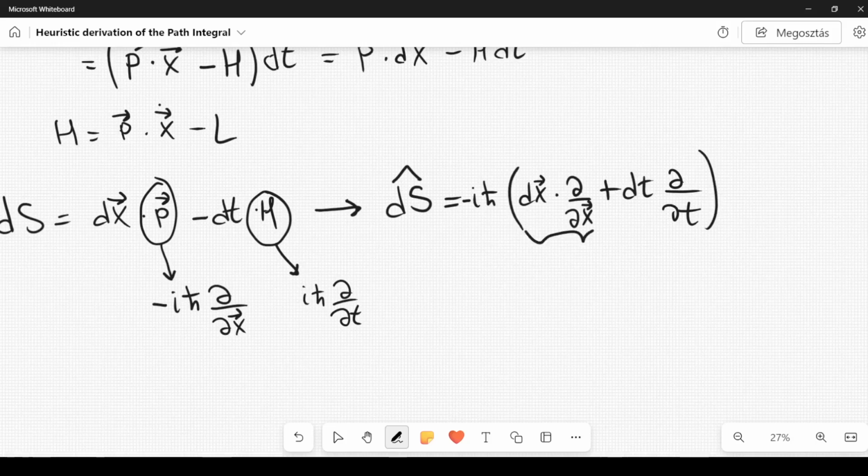So what is this object here? This is a total differential, if you want. So it means that the change in the action, and we are thinking of this as an operator in this case, is equal to minus i h bar, a change in a certain quantity. So this should be treated as an operator. In this case, it was the total differential, but it means something more general.